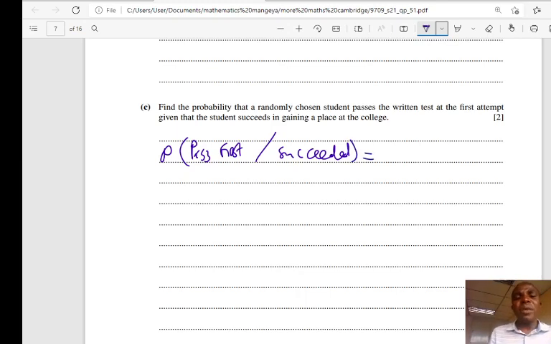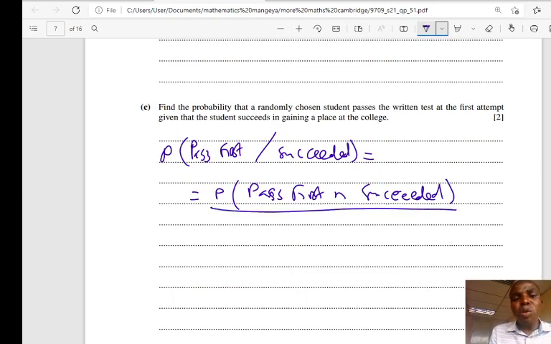Using conditional probability, it will be probability of pass first attempt intersection succeeded in getting the place, over probability of succeeded.